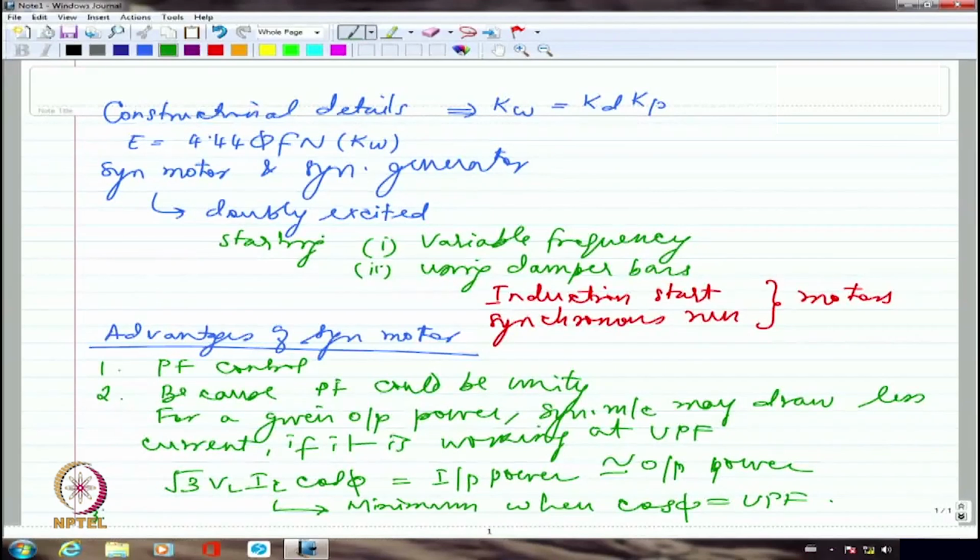One more advantage which I had not mentioned earlier is, if I am having the rotor and stator, the rotor is sitting inside the stator, the air gap has to be as limited as possible in the case of an induction machine, because I am providing the magnetizing current also from the stator side, and necessarily that flux has to link with the rotor if I want to generate a torque.